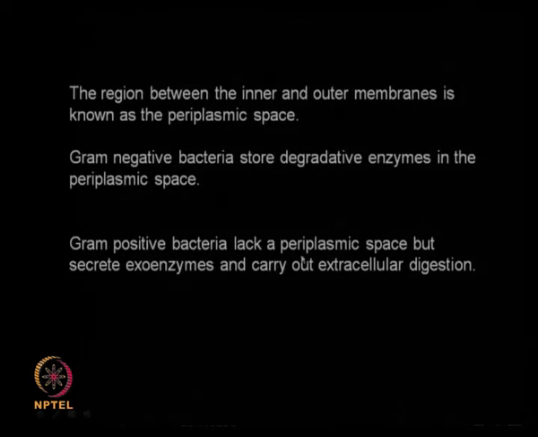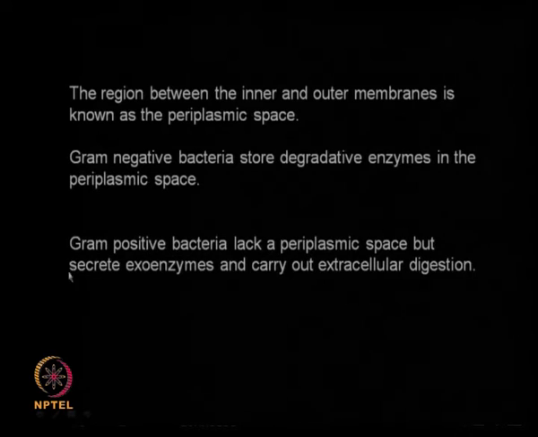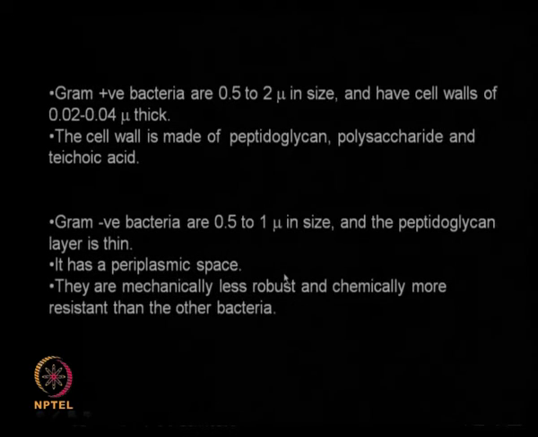Gram positive bacteria lack this periplasmic space, but they also secrete certain exoenzymes and carry out the extracellular digestion actually. So gram negative has degradative enzymes in the periplasmic space, whereas this one secretes exoenzymes and carries out the extracellular digestion.